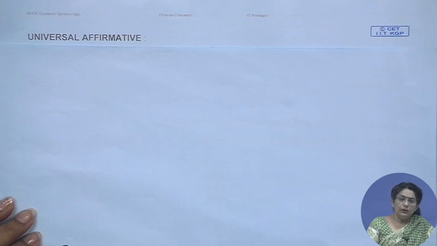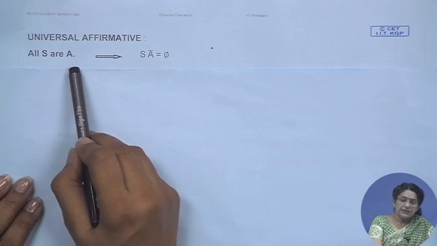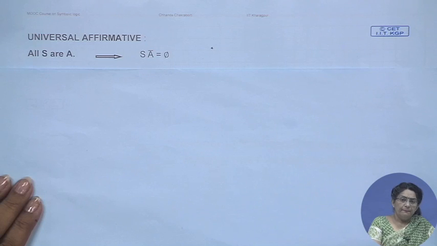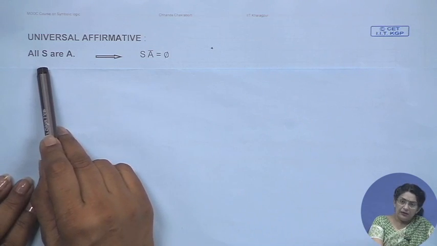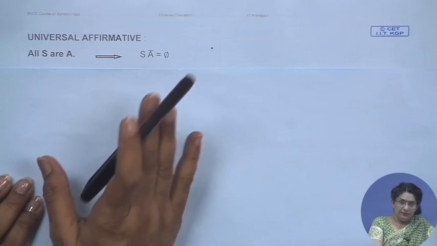This is universal affirmative. Remember, all S's are A's, or all A's are B's, something like that. If you are saying that all S are A, basically what you are claiming is that there is no S that is not A, right?